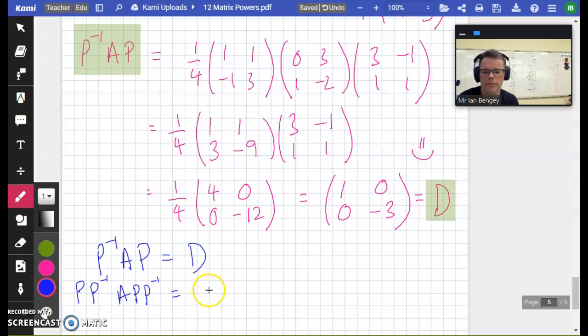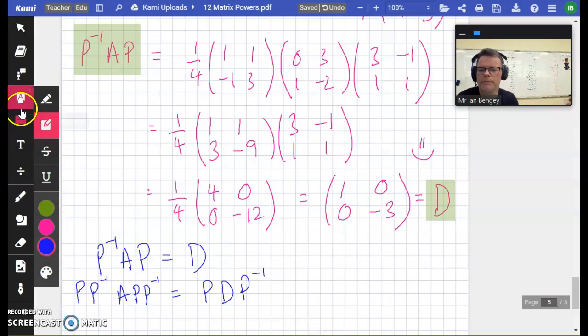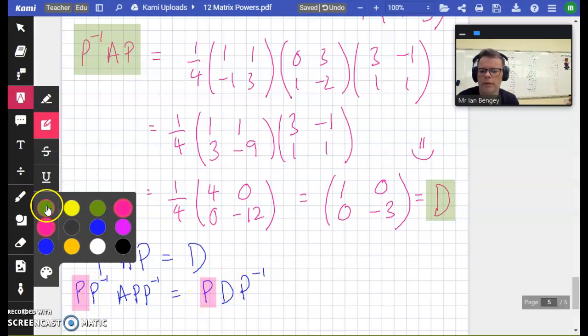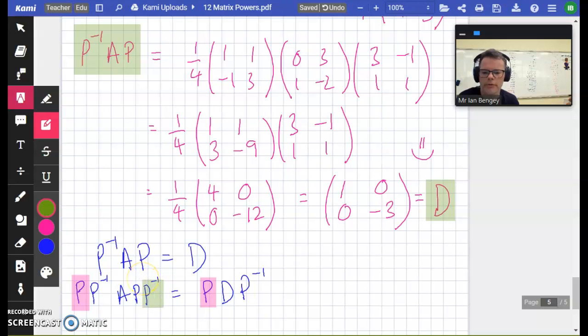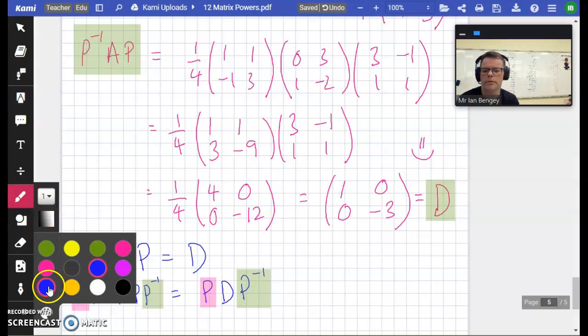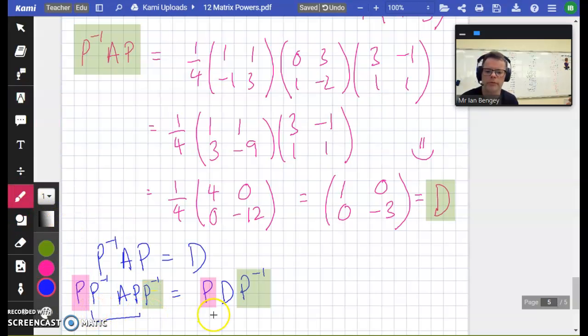So doing both sides, we get P, D, P inverse. All I've done is pre-multiply by P and post-multiply by the inverse. But those other statements are still the same.